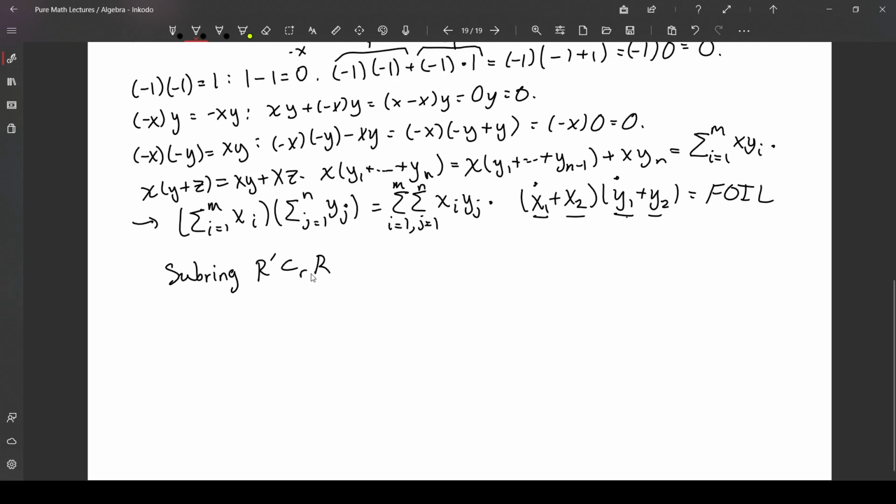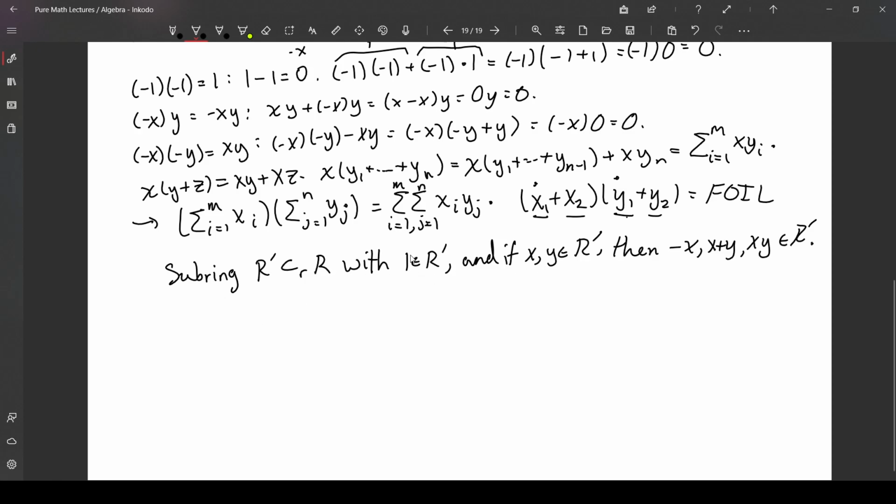So a subring is a subset R prime of R such that 1 is in R prime, and if x and y are in R prime, then minus x, x plus y, and x times y all have to be in R prime as well. In other words, R prime is closed under additive inverses, addition, and multiplication.